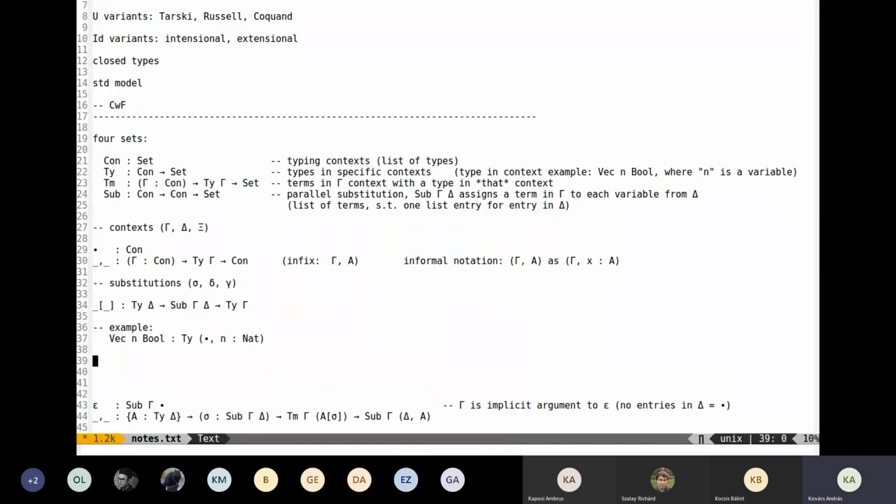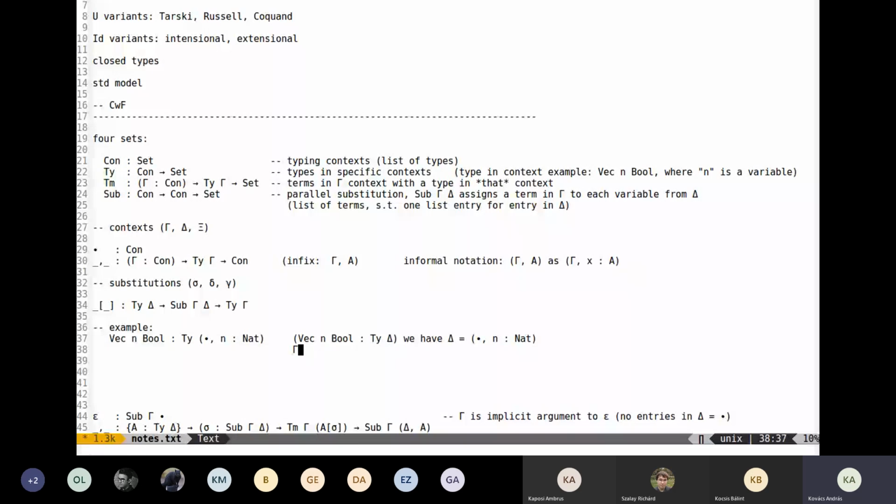And what kind of substitution can we use to bring this vec and bool into some different context? So for example, in this case, we have the delta. So vec and bool is a type in delta, and we have delta equals the empty context extended with an actual number.